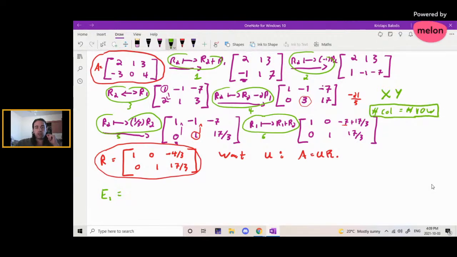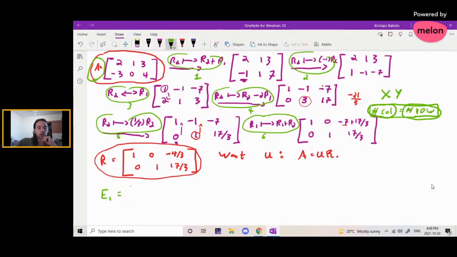So in this case, if we want an elementary matrix to be multiplying our A on the right and corresponding to these elementary row operations, then we know that its columns have to be equal to the number of rows of A, which is 2. And since these are elementary matrices, they're square matrices, so they're 2 by 2.